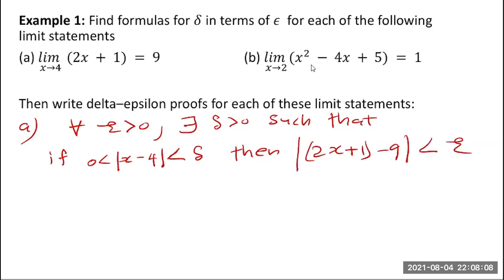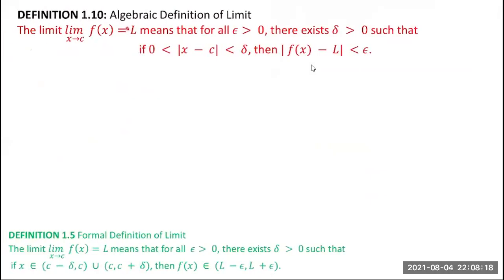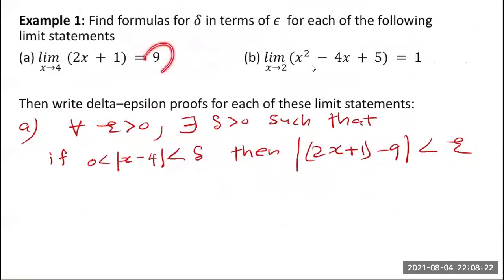Notice that here my f of x is 2x plus 1. If you compare with the definition, your L is this number 9, your f of x is this, and of course your c is 4. So this is the definition.